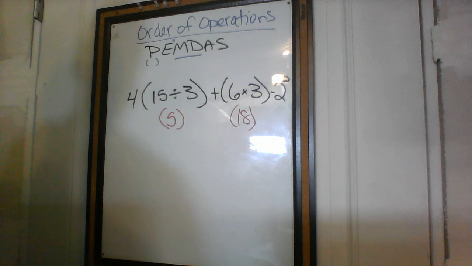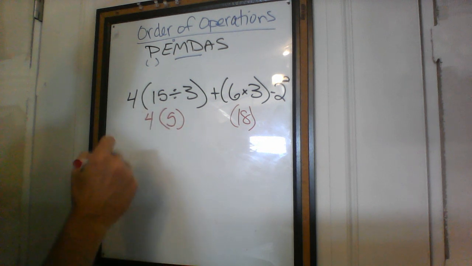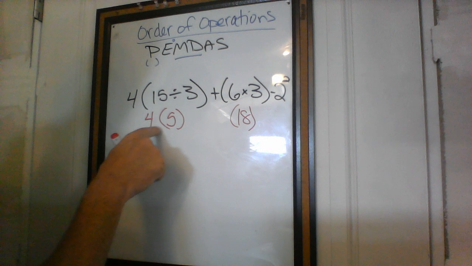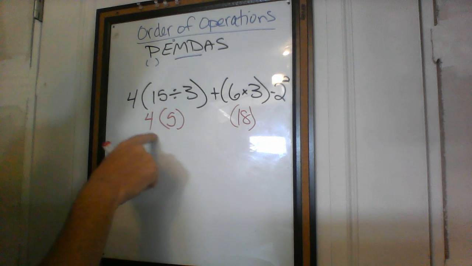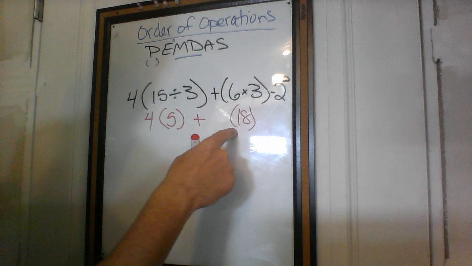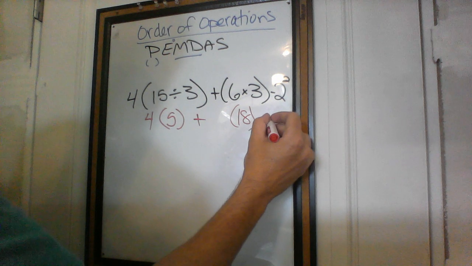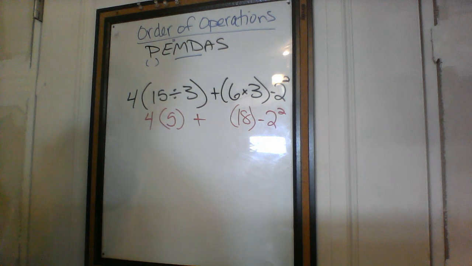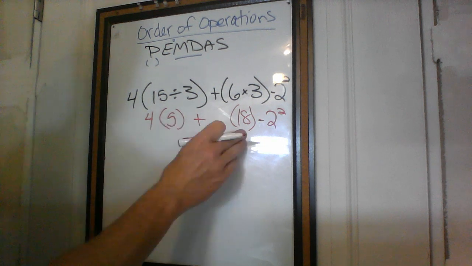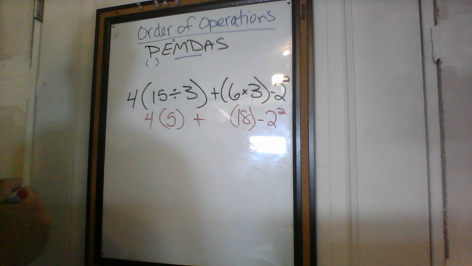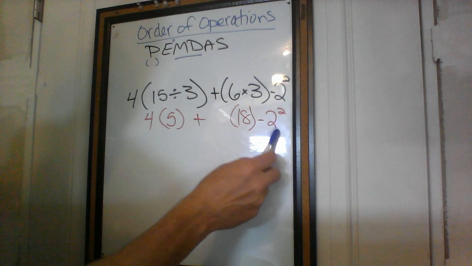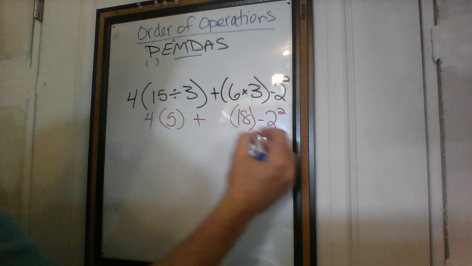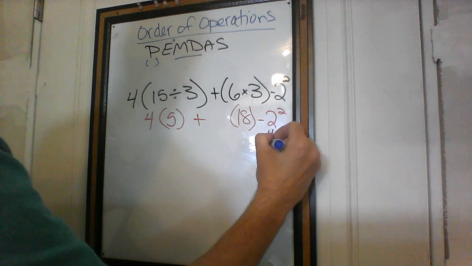So now we're going to bring everything else down. 4, and remember 4 and then a number inside of parentheses means we're multiplying. We're going to add that to 18, and then we're going minus 2 squared. So we took care of our parentheses because these are just numbers now. Now we need to go to exponents. For our exponent, we have one. 2 squared, 2 times 2 is 4.